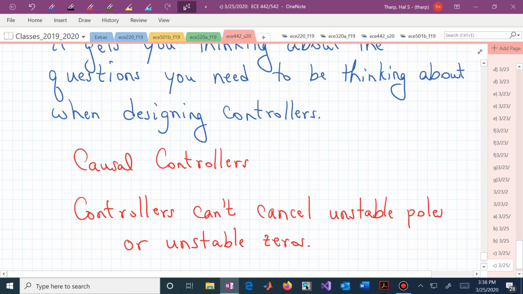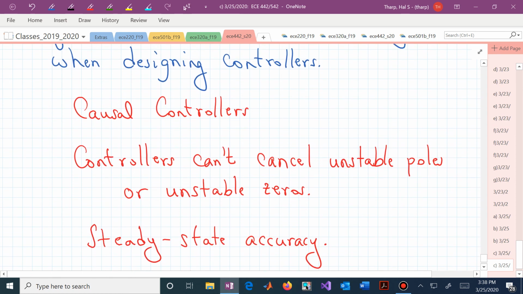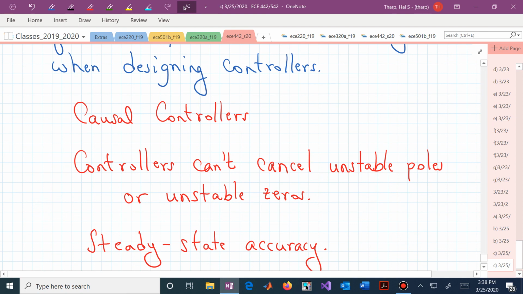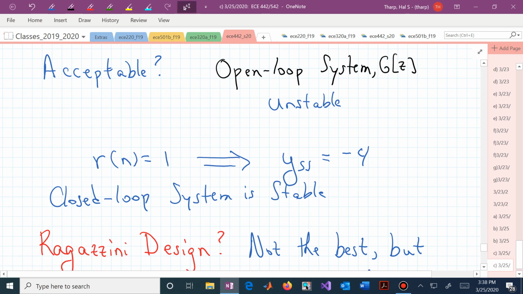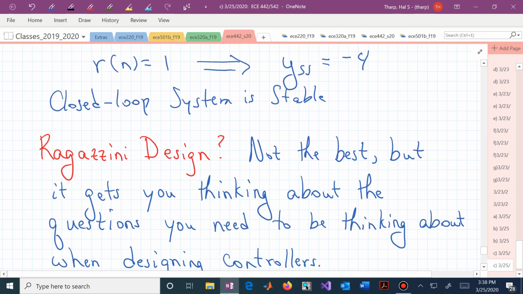We also know now that whatever design strategy we start looking at, we better not be canceling unstable poles or unstable zeros in our original open loop system with the controller. We also might be interested in steady state accuracy. Here, maybe that's not the best. We put in a 1, we go to minus 4, our steady state error is 5.